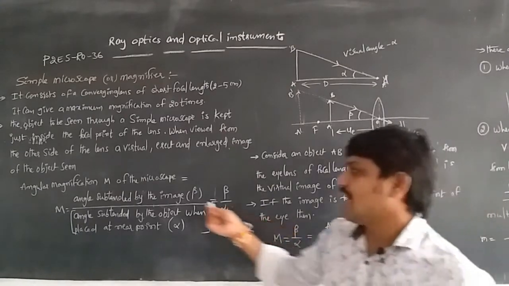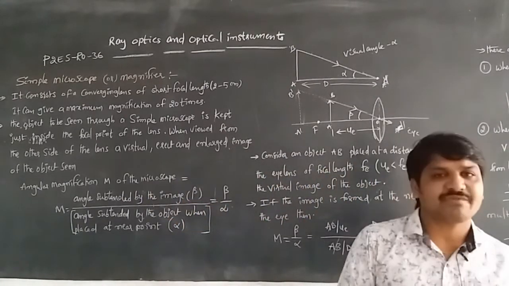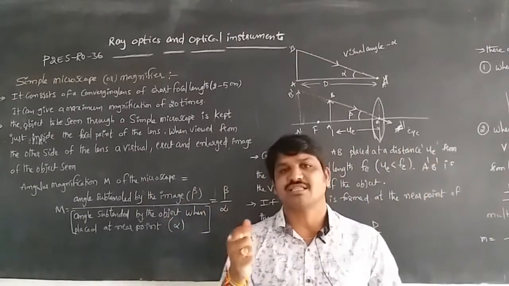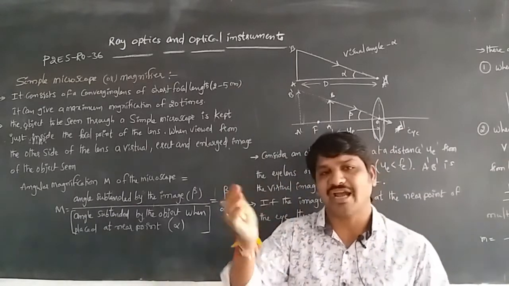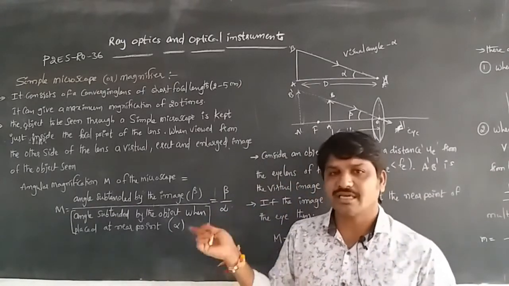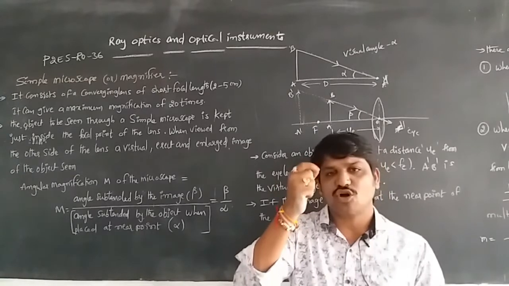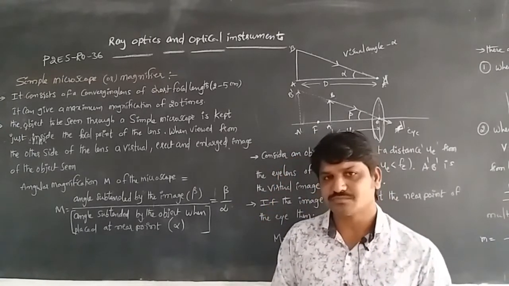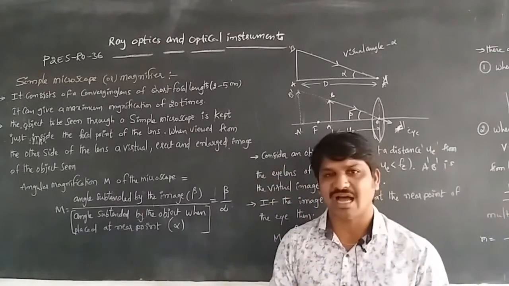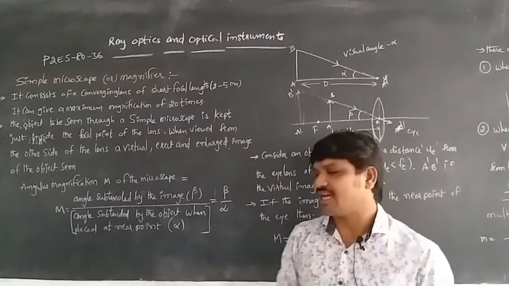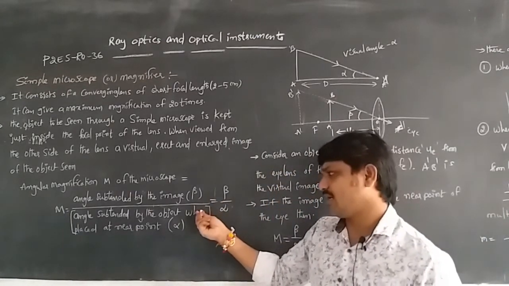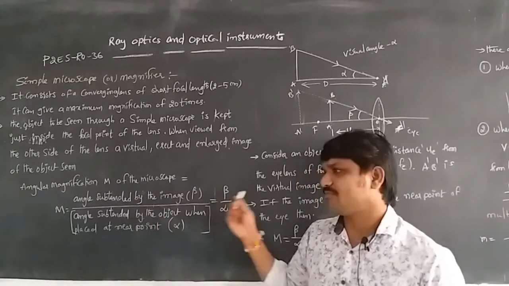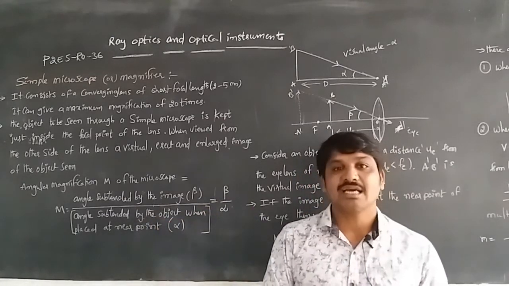Angular magnification means the ratio of the image details to the object details, either height or distances. It is the ratio of the angle subtended by the image to the angle subtended by the object when placed at the near point.